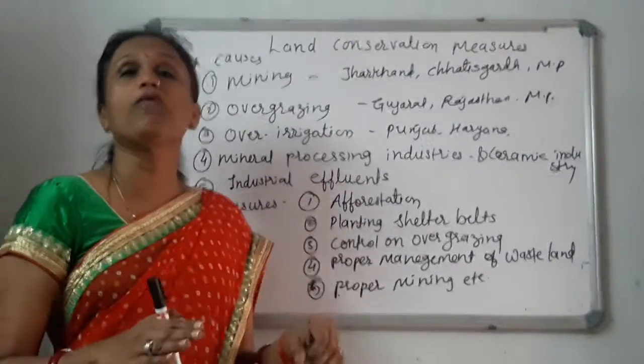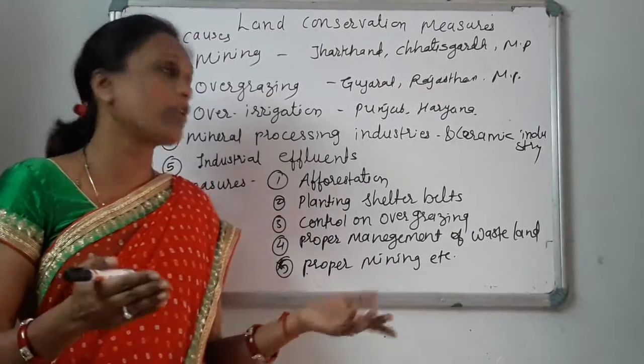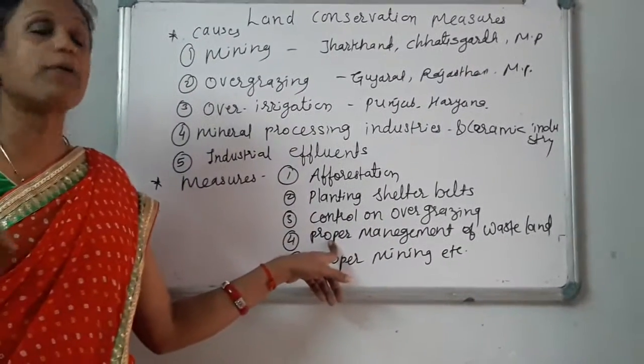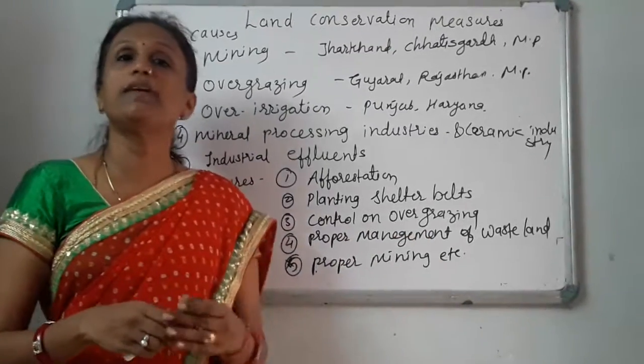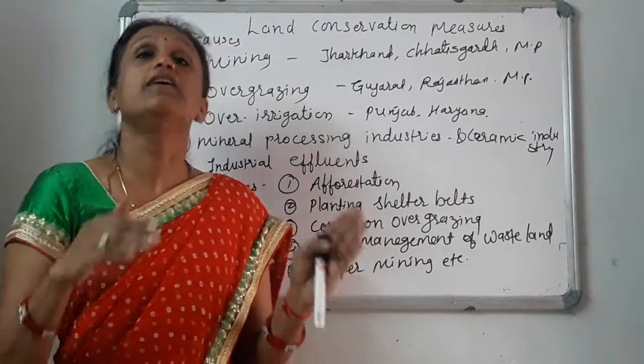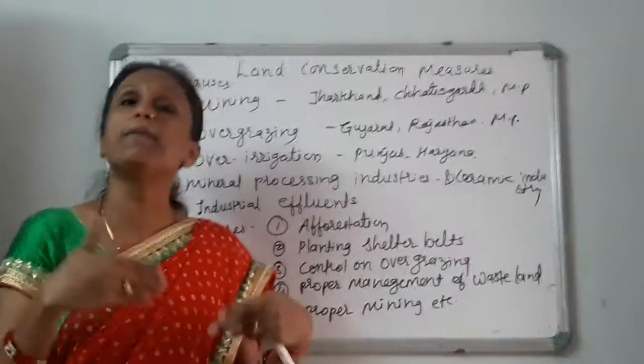Then, control on overgrazing. In the states where overgrazing is responsible for land degradation, it can be controlled by taking appropriate measures. Proper management of wasteland. So much wasteland is there, 130 million hectares. If that wasteland is managed properly, that land becomes productive.